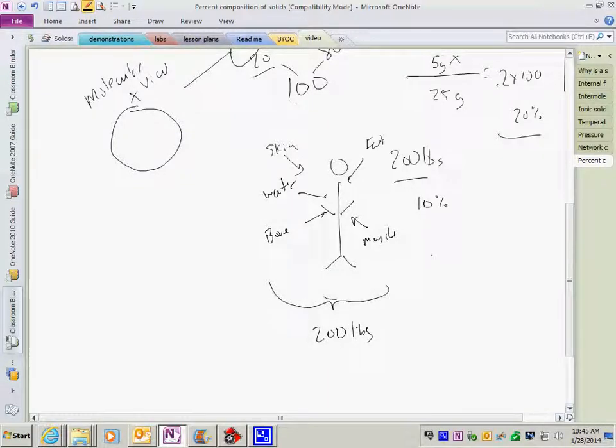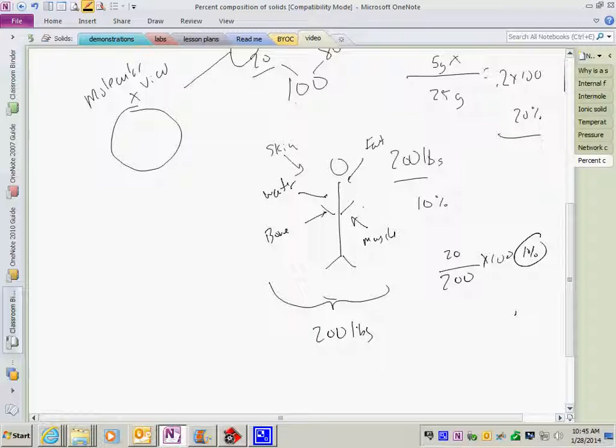So if you want to know the 10% fat, of the total 200 pounds, 20 pounds of it is due to fat, times 100, and that would be 10%. So this is a macroscopic view of a person.